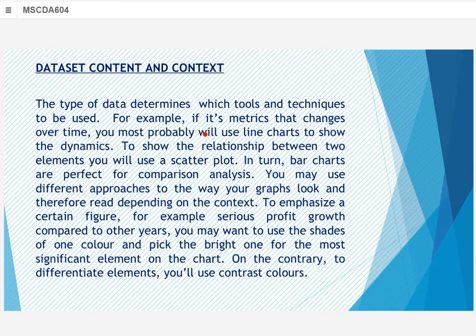So you see, dataset context is very important. As a data analyst, you need to bear that in mind. When you are doing your assignment, you may discover what I'm telling you, that it may be difficult for you to find a data set that will help you do the assignment.